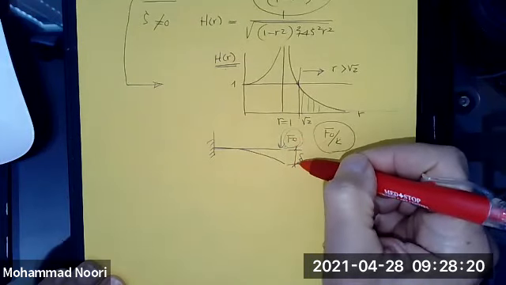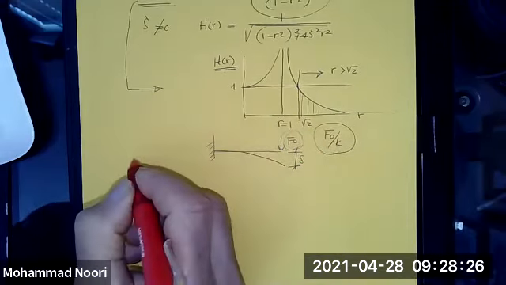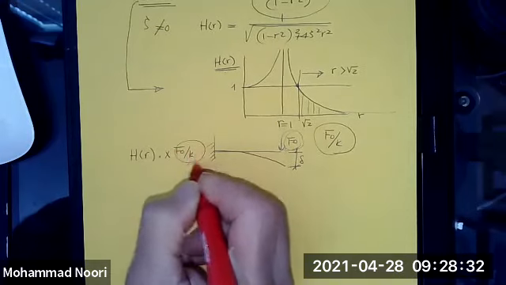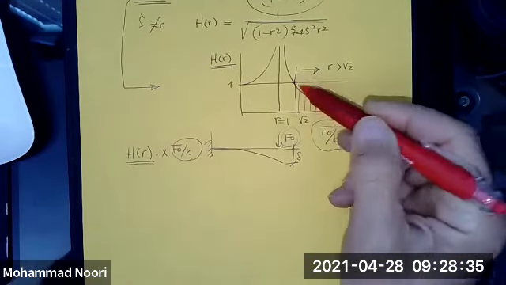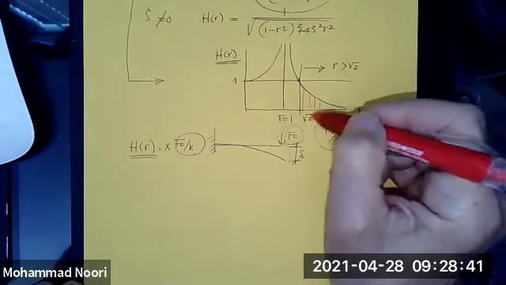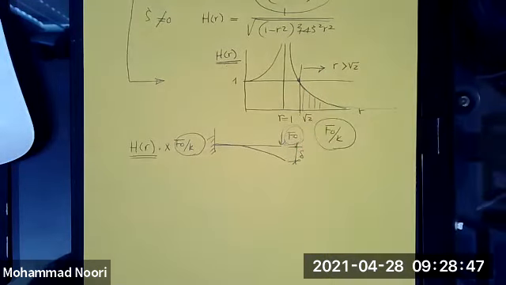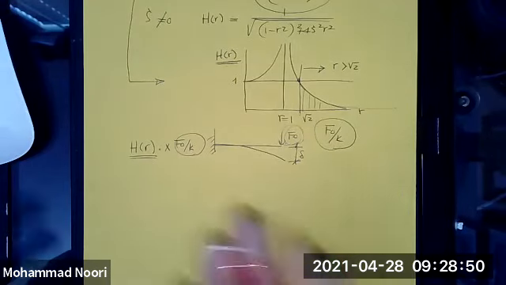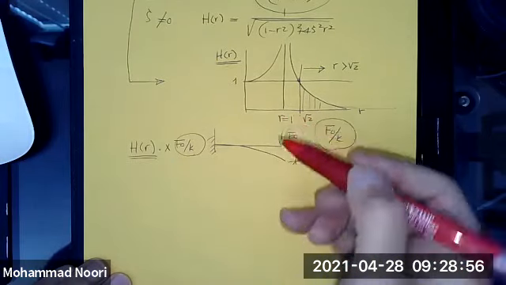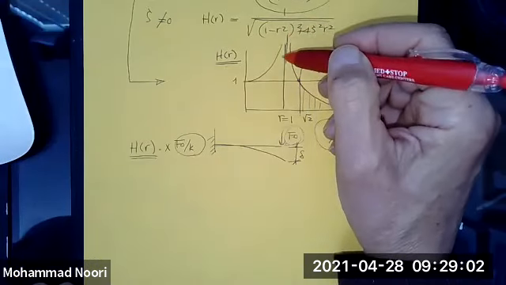The corresponding displacement is determined by simply this H(r) multiplied by that corresponding static displacement. From this observation, we saw that if the frequency ratio is greater than the square root of 2, that dynamic displacement is always less than the corresponding static displacement. That's the only observation we made in this case. And also when r is equal to 1, the displacement is unbounded, goes to infinity, or you had resonance.